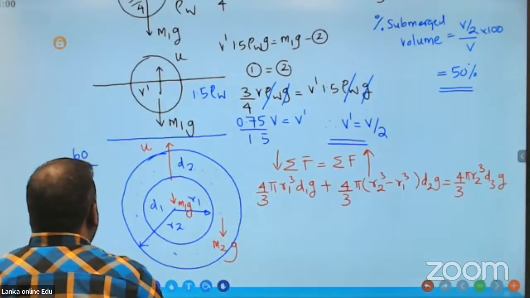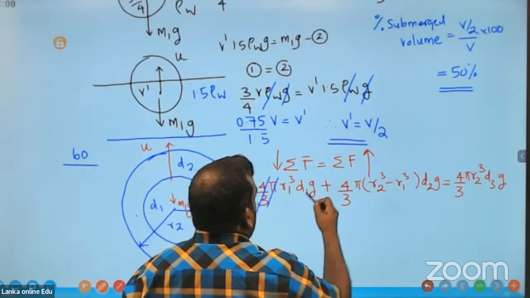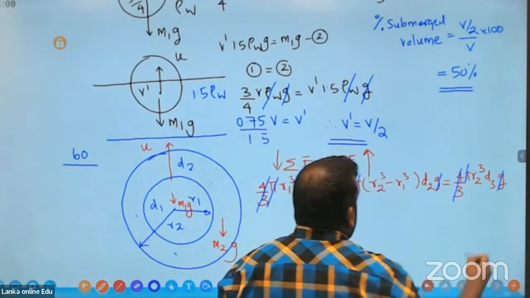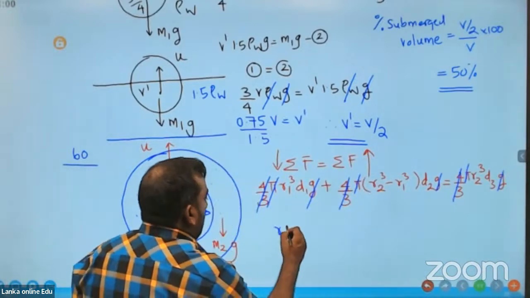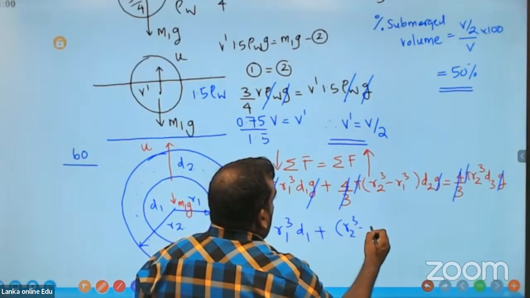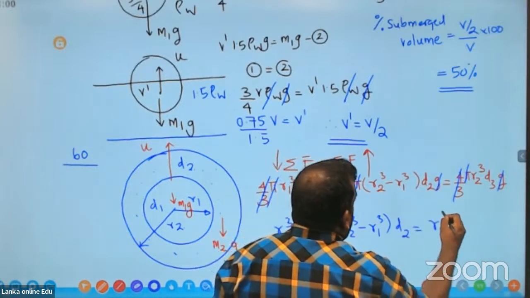Simplify this carefully. 4 over 3 pi g, 4 over 3 pi g, 4 over 3 pi g cancel. What will you get? R1 cube d1 plus (R2 cube minus R1 cube) d2 equals R2 cube d3.